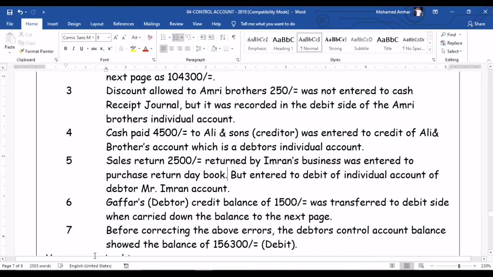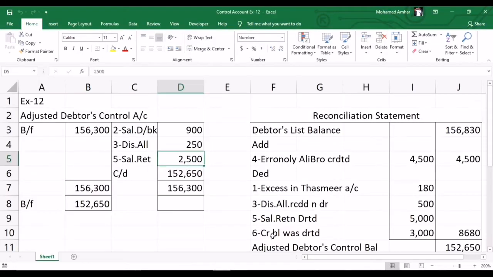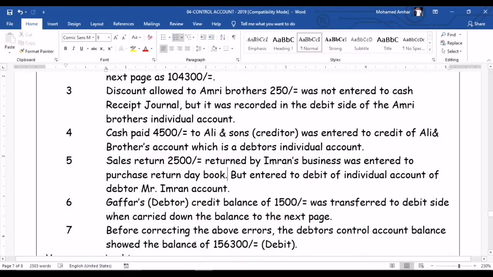So in Imran's account, the final balance will increase by 5,000, and the list balance is also 5,000 more. So now you have to deduct 5,000 from the list balance.